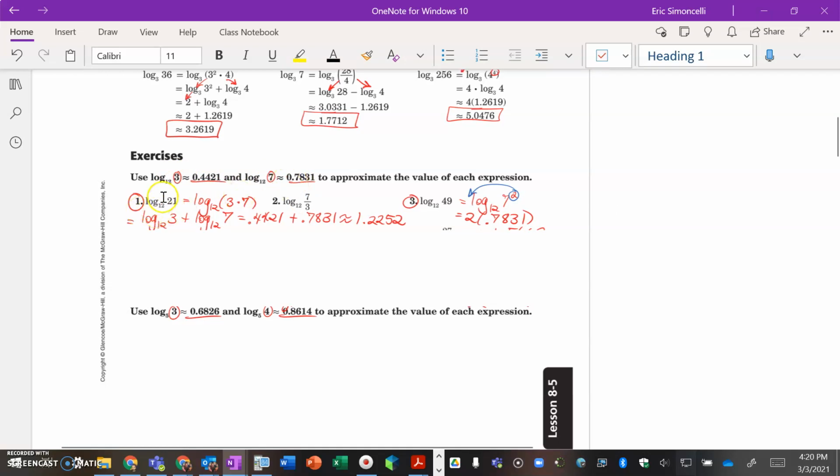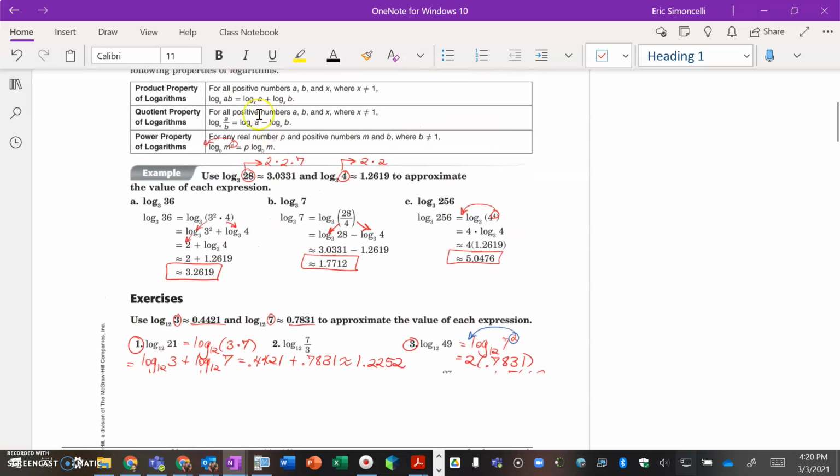So log base 12 of 21 shouldn't come as a big surprise, and I'll refresh our memories with the product, quotient, and power property from up above. In this particular case, 3 times 7, of course, is 21. So it may hopefully make sense that we're using the product property.